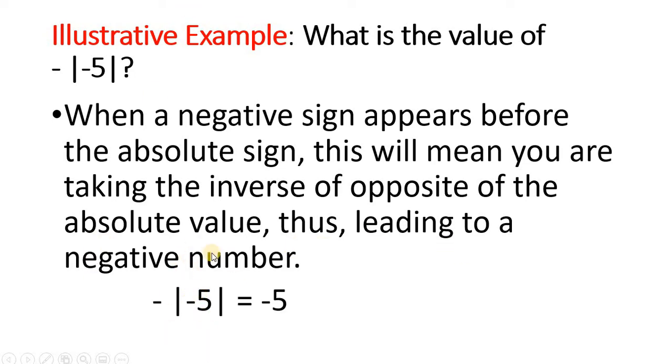Since absolute value of negative 5 is positive 5, but because we have a negative sign before the absolute sign, then negative absolute value of negative 5 is equal to negative 5.